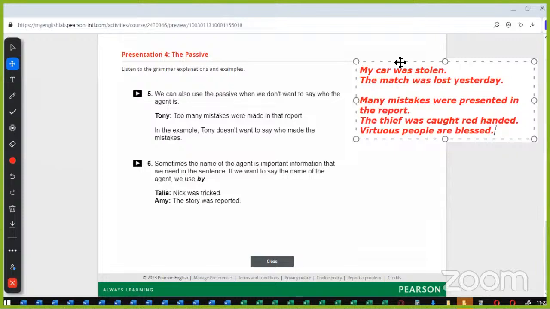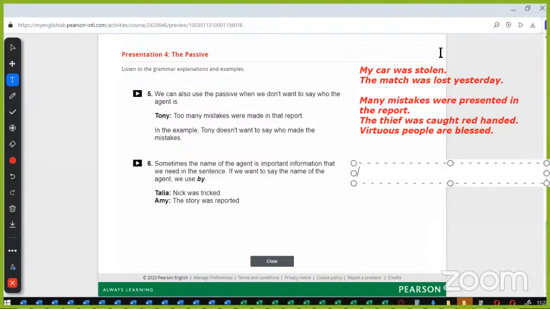And sometimes the name of the agent is important, so we need to include it. We use by. Like, my mobile was stolen by Roberto, let's see.